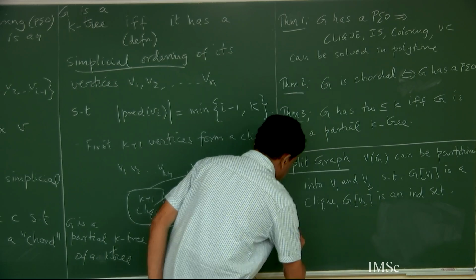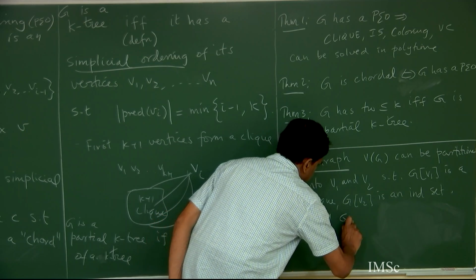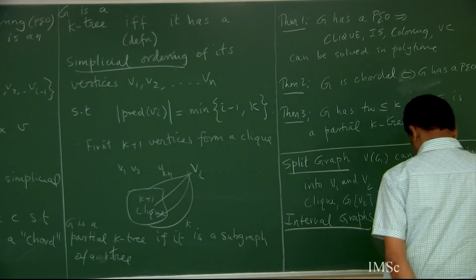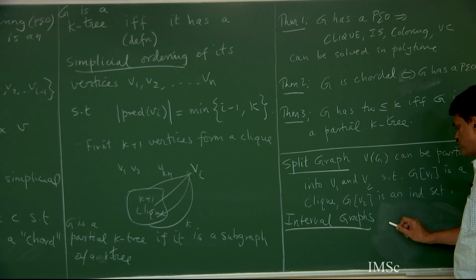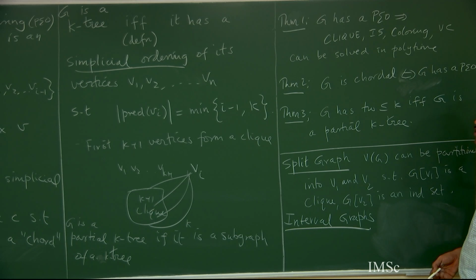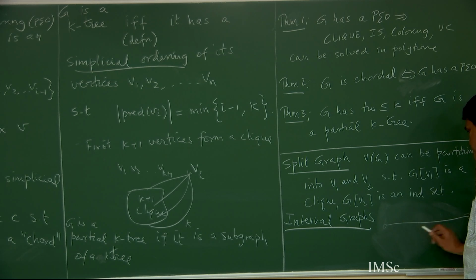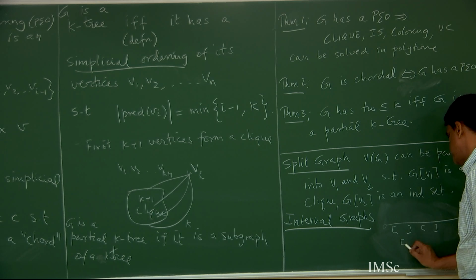Interval graphs. So, what you do is, suppose you take a bunch of closed intervals on a real line. So, here is my real line. Here is an interval, here is an interval, maybe here is an interval.